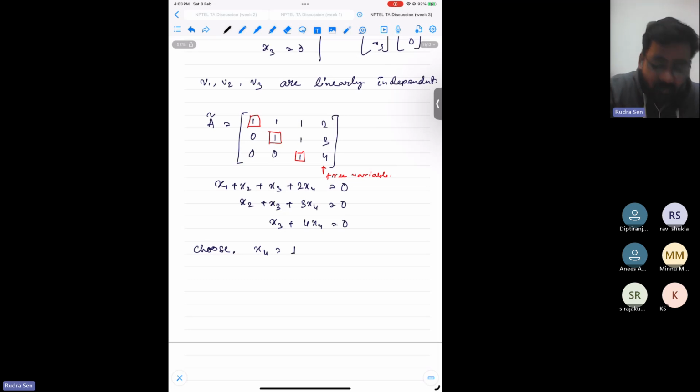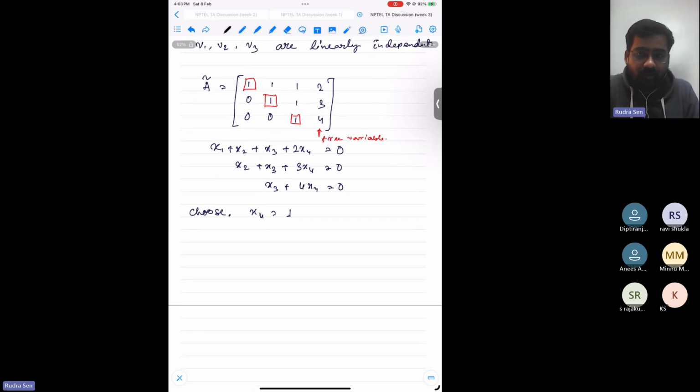It's better to choose 1. You can choose 2, -1, whatever, but 1 is easy to calculate. And this is basically the basis vector of the null space, so the whole space can be spanned by this.